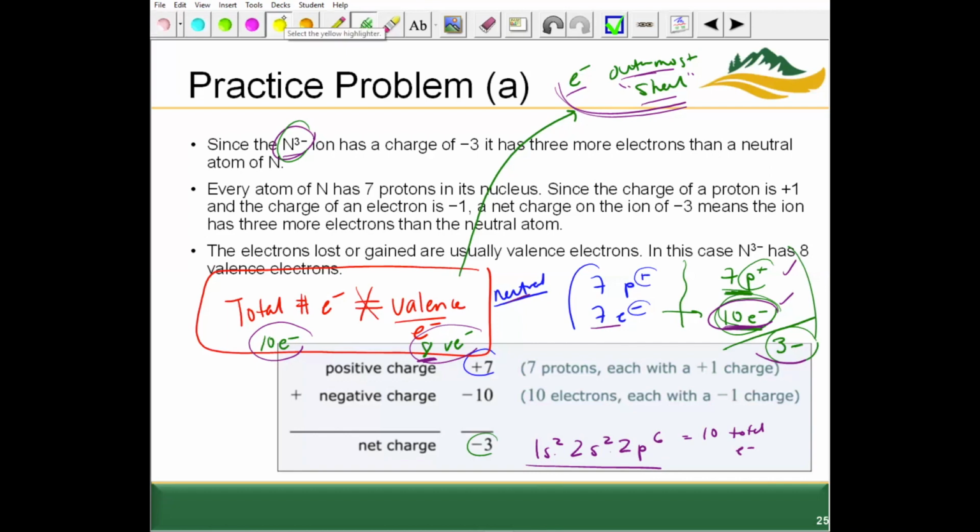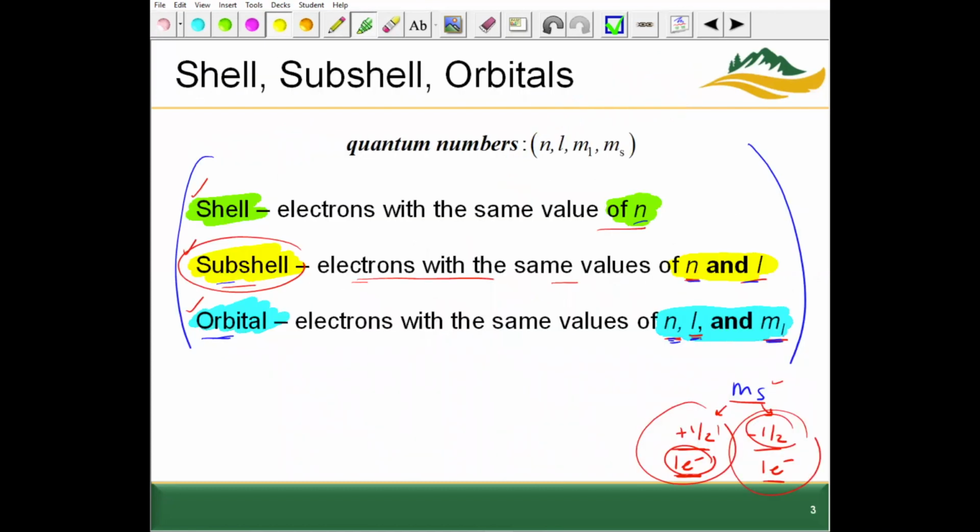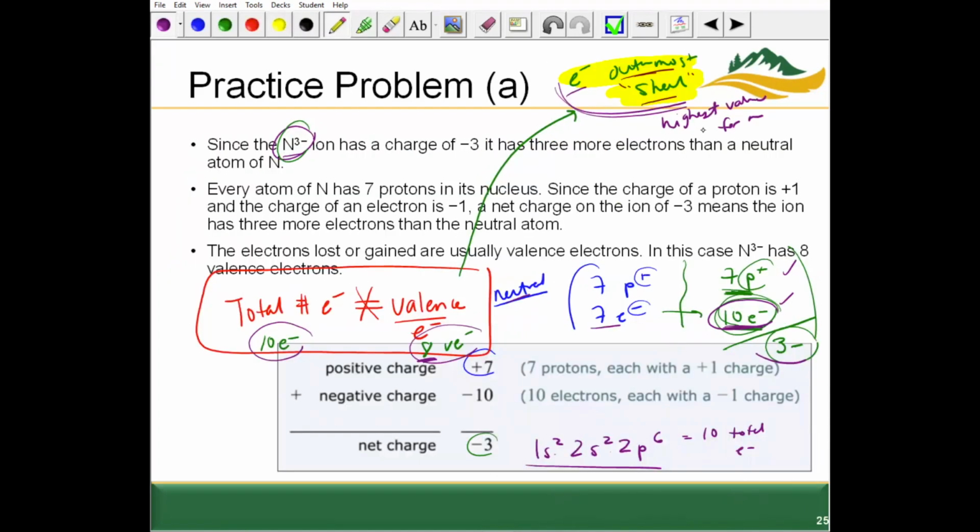Well, the valence electrons are the electrons in the outermost shell. What is a shell again? From 7b part 1, slide 3, a shell is electrons with a certain value of n. Valence electrons are the electrons in the outermost shell, or the highest value for n. Out of all the possible n values, we have 1 and 2. The number of electrons in the outermost shell, or the highest value of n, that's the electrons in the n equals 2.